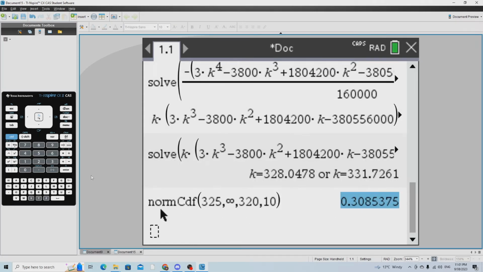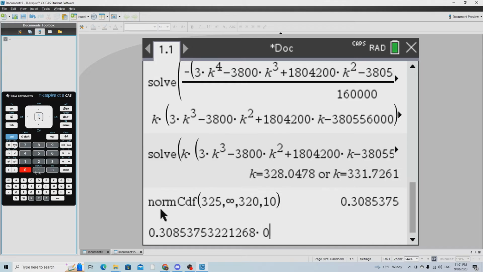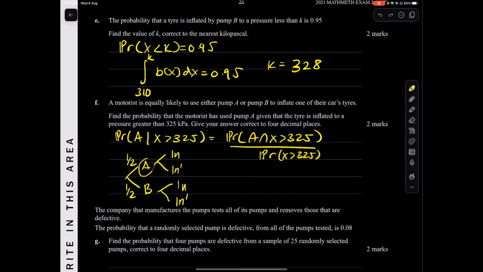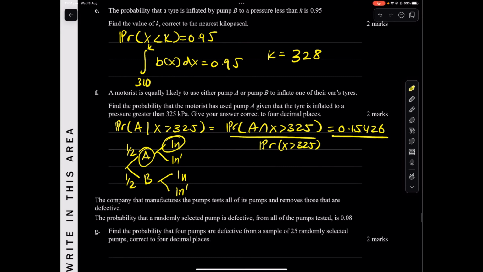And we halve this, because remember we're multiplying by the probability of A. So this gives us 0.15426, all over the probability that X is greater than 325.